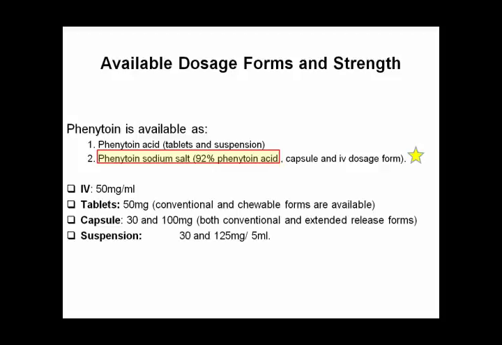So we need to consider that S in these dosage forms, capsule or IV, is 0.92. And again, it's available as IV, tablet, capsule, and suspension, in many dosage forms and also in many different amounts.